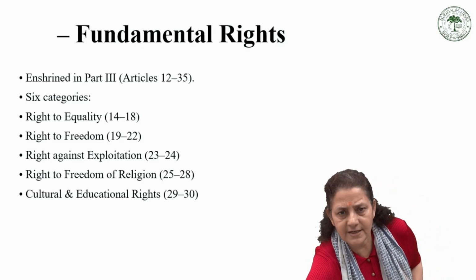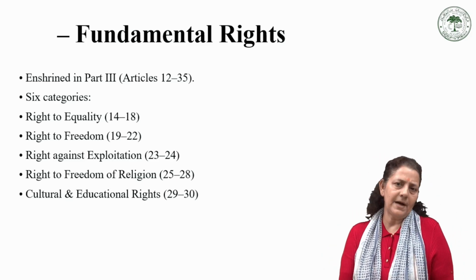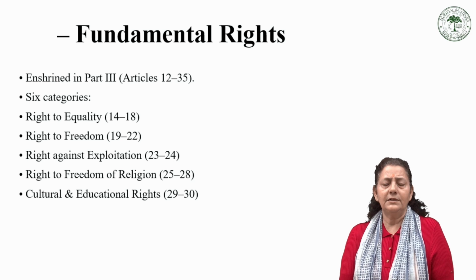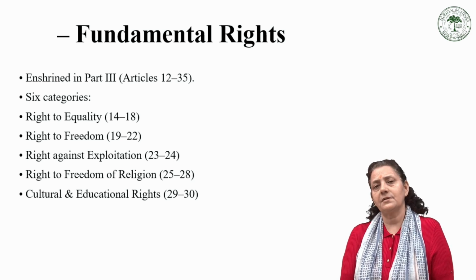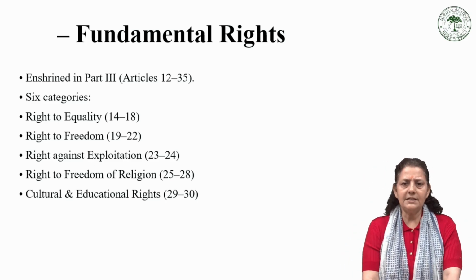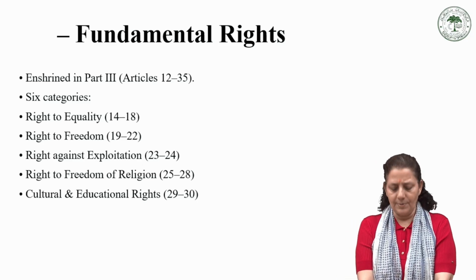These rights reflect liberal democratic ideals and are enforceable by the judiciary. They embody the principle that every individual possesses inherent dignity and no authority, public or private, can violate it. Together, these provisions form the foundation of India's constitutional democracy.